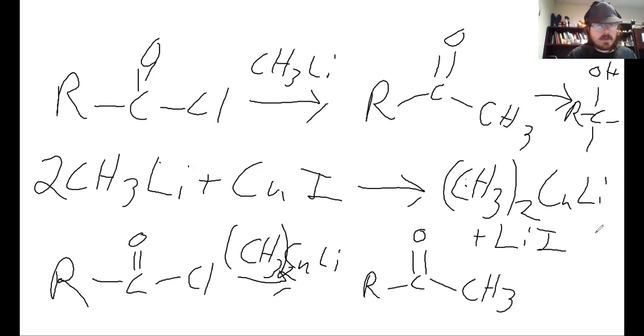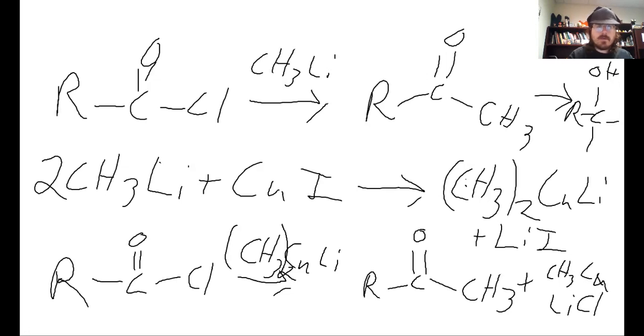So we can just add the R group and give us our ketone. You get essentially a methyl copper and a lithium iodide or lithium chloride. Those are the byproducts that will be removed.